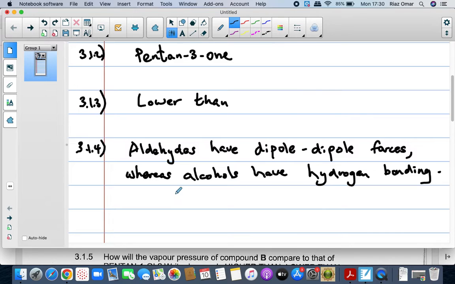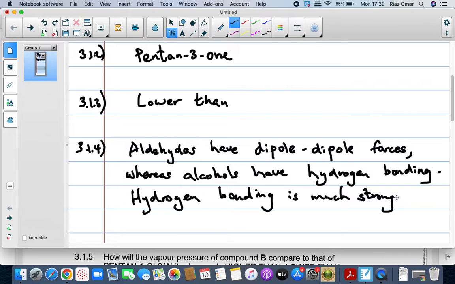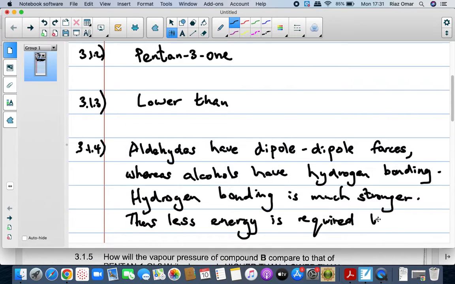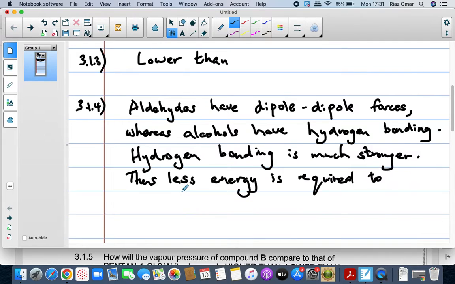Hydrogen bonding is a much stronger intermolecular force. Therefore, aldehydes have dipole forces, thus less energy is required to overcome the weaker dipole forces.